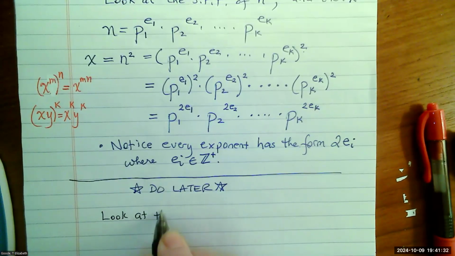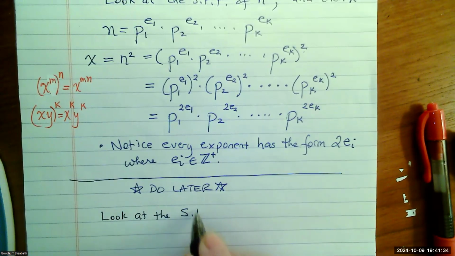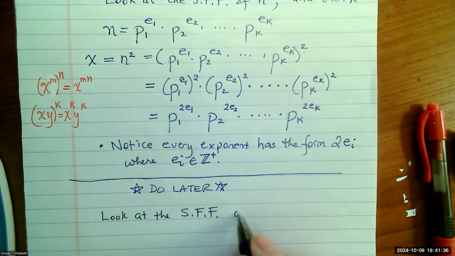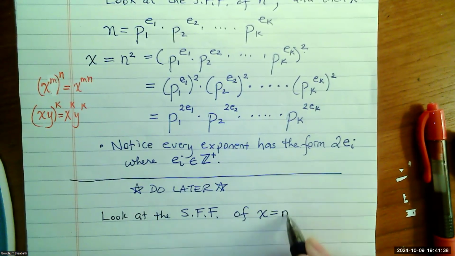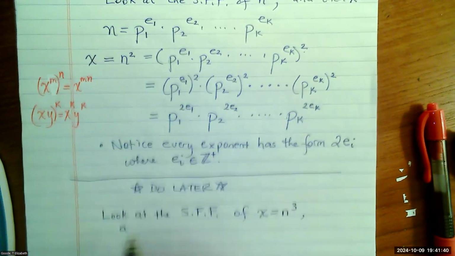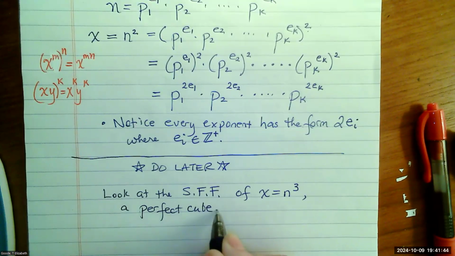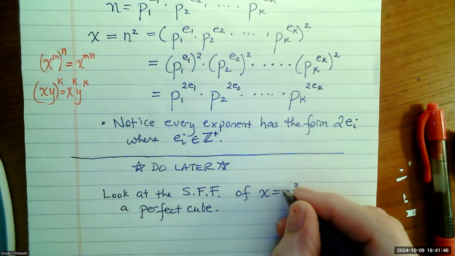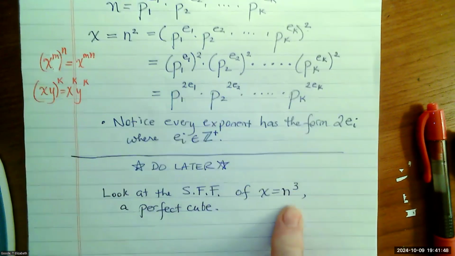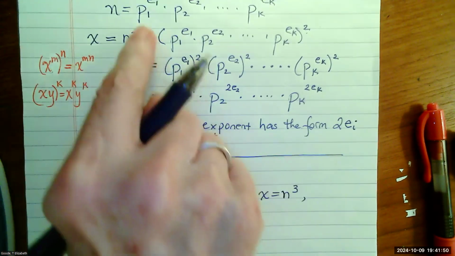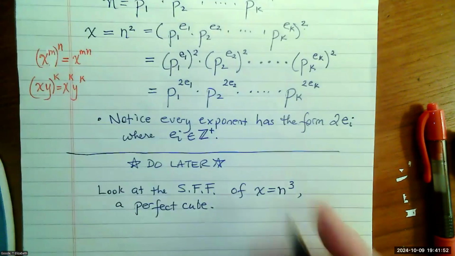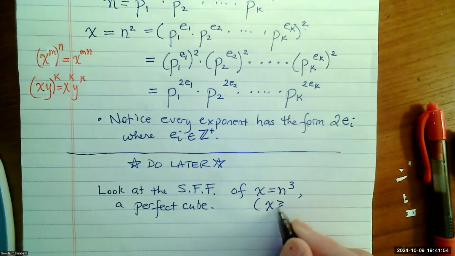Look at the standard factored form of x equals n cubed, a perfect cube. And in order to ensure that n actually has a standard factored form, that n is at least as big as 2, we're going to require that x is at least as big as 8.